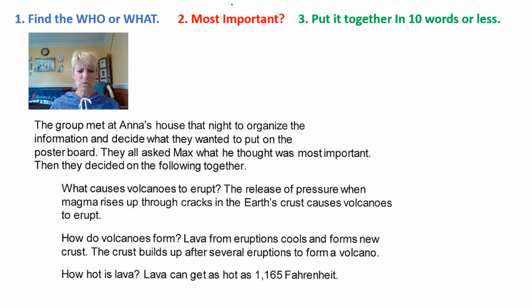How do volcanoes form? Lava from eruptions cools and forms new crust. The crust builds up after several eruptions to form a volcano. How hot is lava? Lava can get as hot as 1,165 degrees Fahrenheit. Wow, that's interesting.